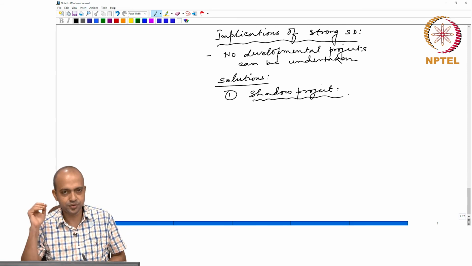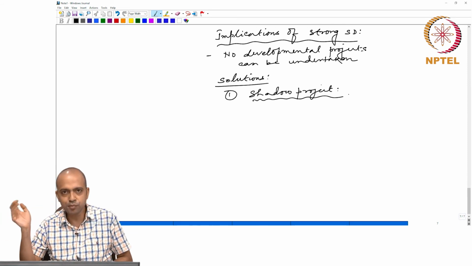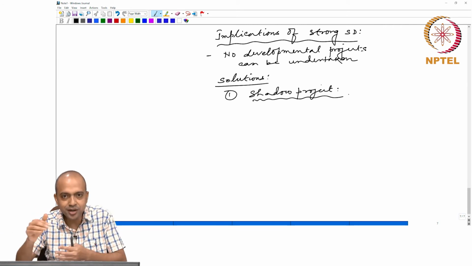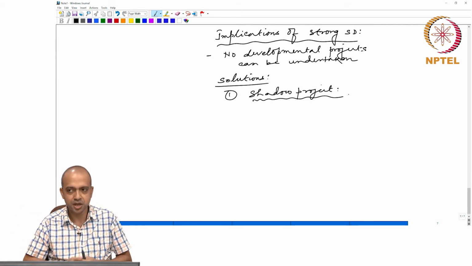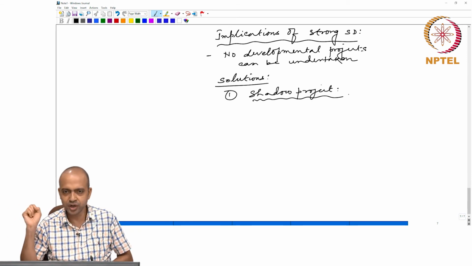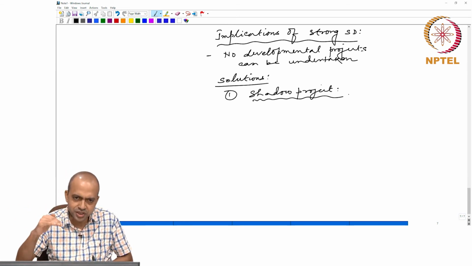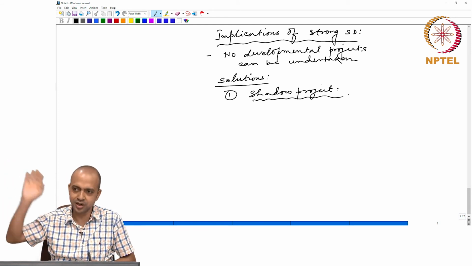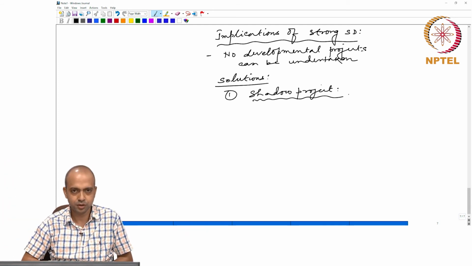The idea is, in the process of economic development, in the process of undertaking developmental projects, if we deplete some amount of natural capital, then we must construct the same amount of natural capital in some other place.